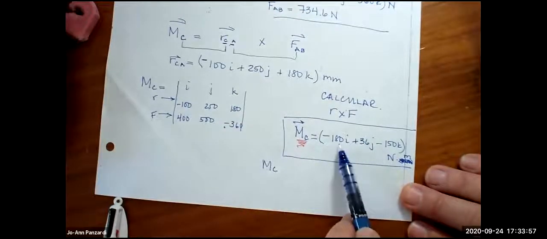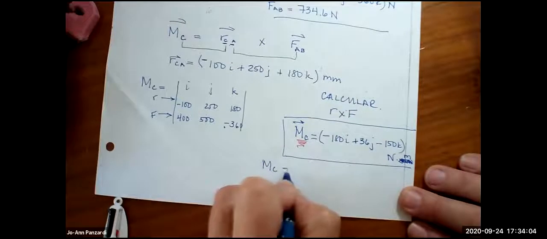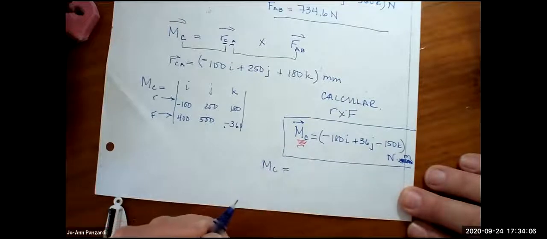It's a vector that has X, Y, and Z components. How do you find a magnitude of a vector? You're muted. Oh, sorry. What was the question again?